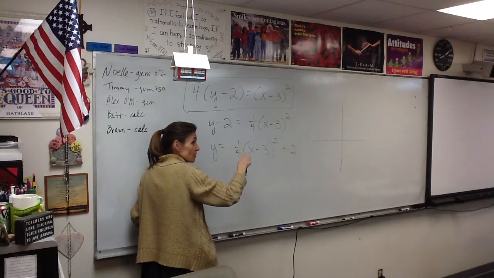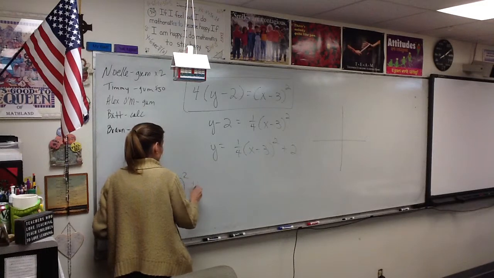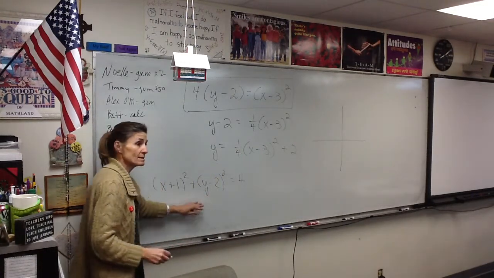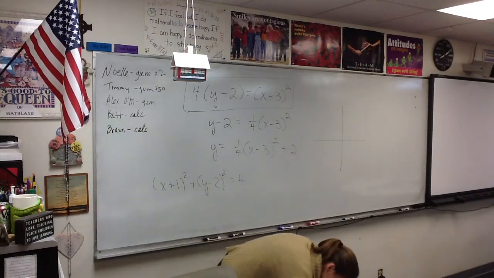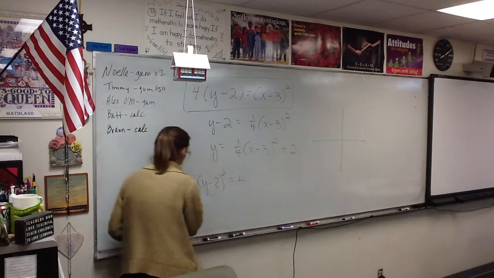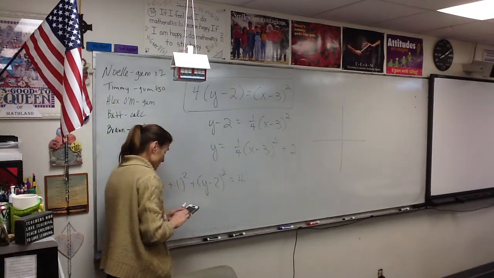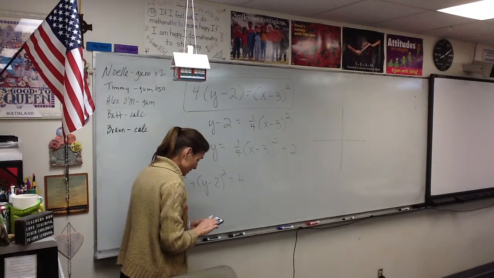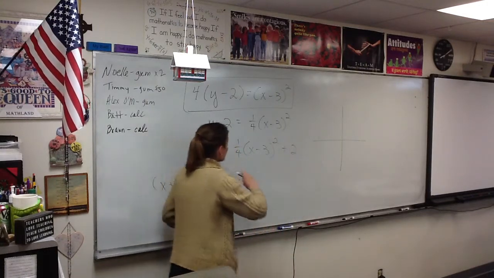In your homework last night with the circles, if your circle was x plus 1 squared plus y minus 2 squared equals 4, where was the center of that circle? At -1, 2, right? Opposite, opposite, and that's the form I'm using up here. So my vertex is going to be at 3, 2.